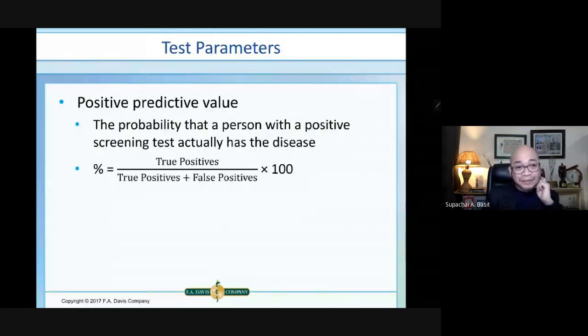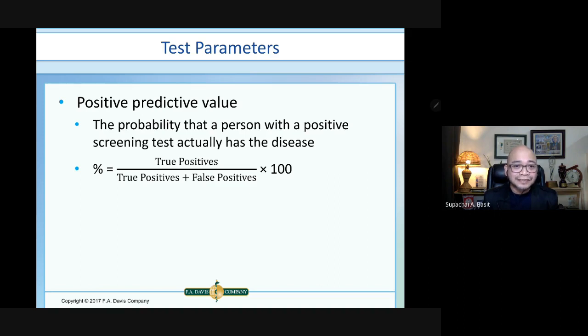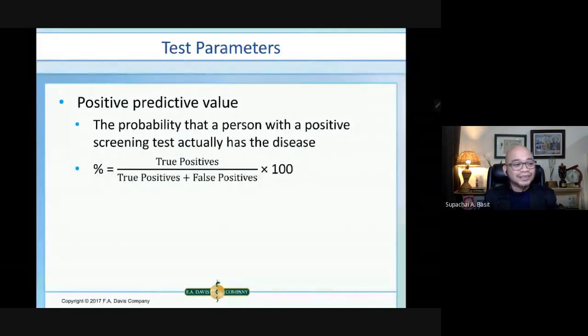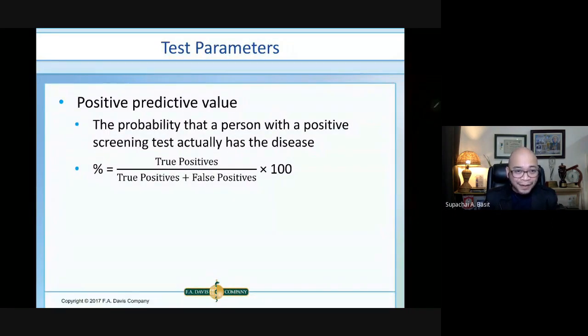How about the positive predictive value? The positive predictive value is the probability that a person with a positive screening test result actually has the disease. So that's what we meant by positive predictive value.